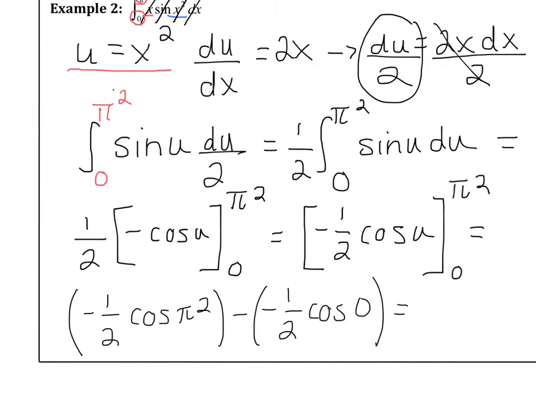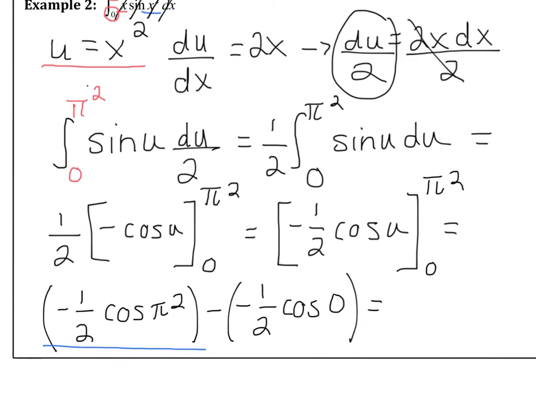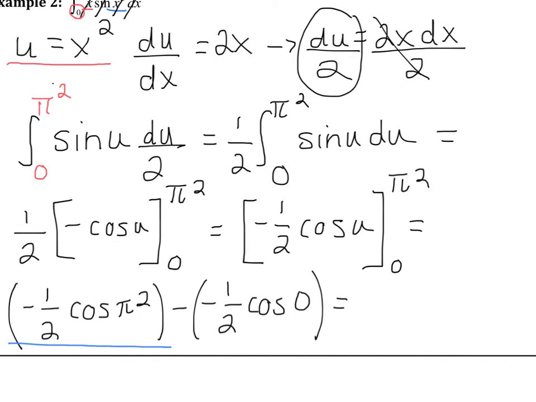And now I don't have my calculator on me. Normally I would take this piece to a decimal approximation, but for now I'm going to write it as is in exact form because I don't know what that number is. So that's negative 1/2 cosine of pi squared.